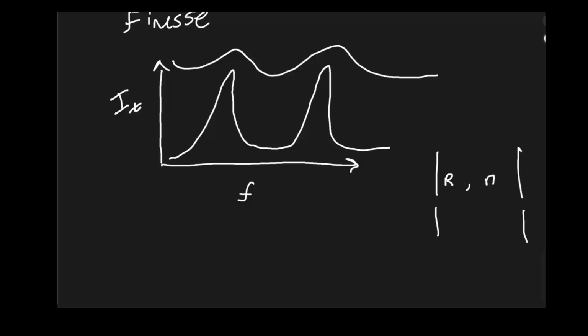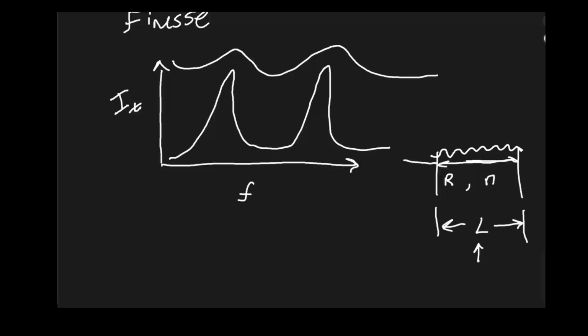This length here is L, and depending on the frequency of your laser or broadband light source, there's going to be constructive and destructive interference as light propagates through, bounces here and back in this cavity, and that's going to be a function of the wavelength relative to your separation distance L between the two mirrors.